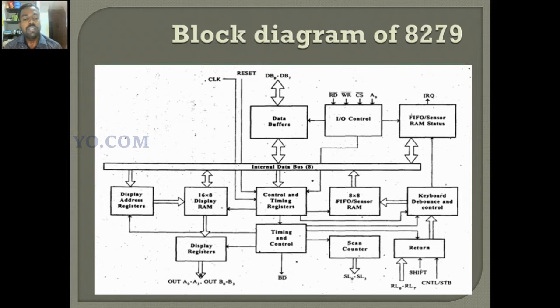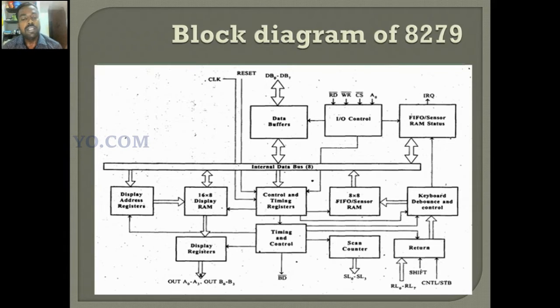This display RAM is connected with a display register in the LCD or LED display, to help the display device with what it wants to display. That means the data present in the display RAM.